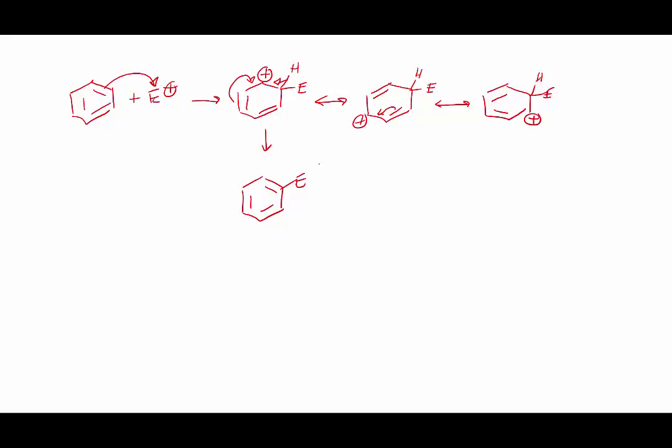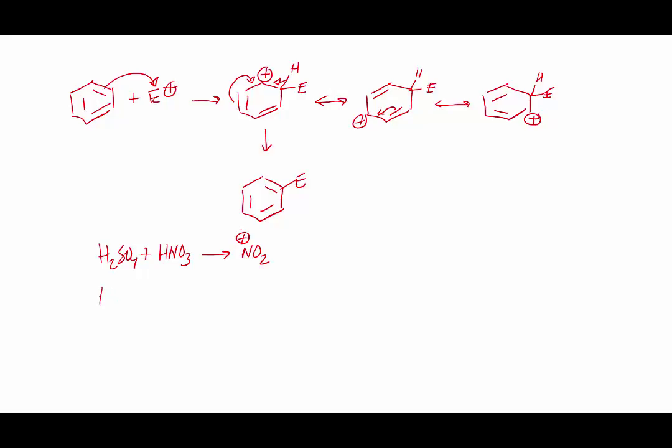I could start with H2SO4 plus HNO3, and if I do that, that protonates the HNO3. It loses water to form NO2 plus. And so now I can add a nitro group to the ring.